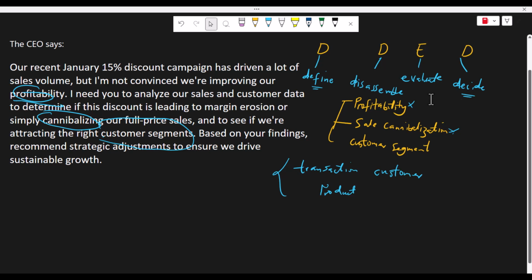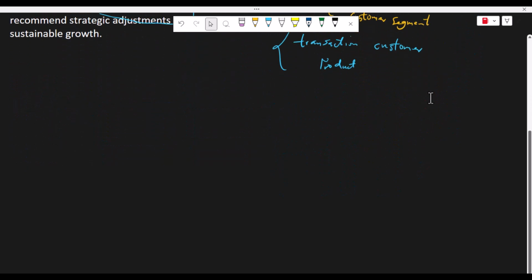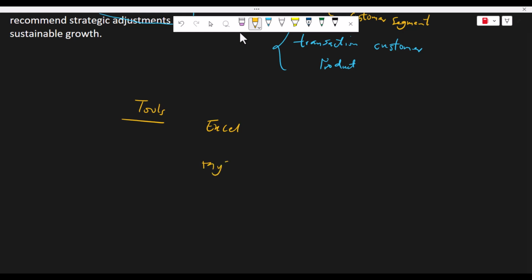Also, for this particular project, let's define our tool workflow for the project. We shall be using some tools which include Microsoft Excel, MySQL, and likewise Power BI.